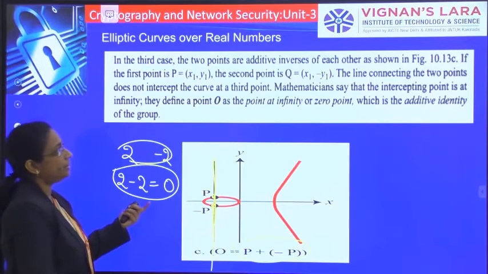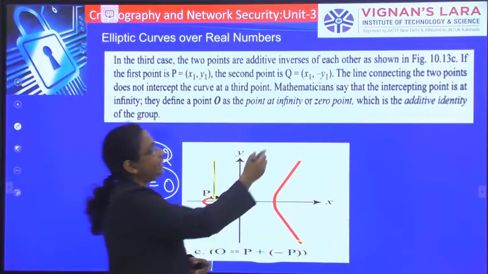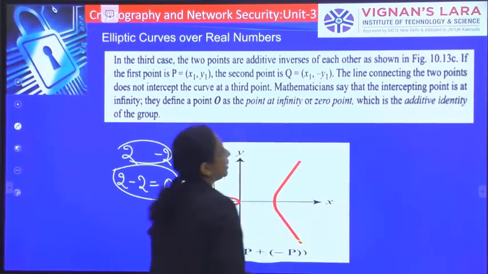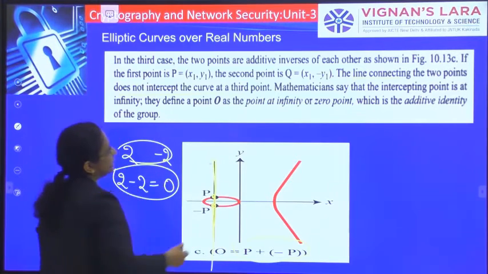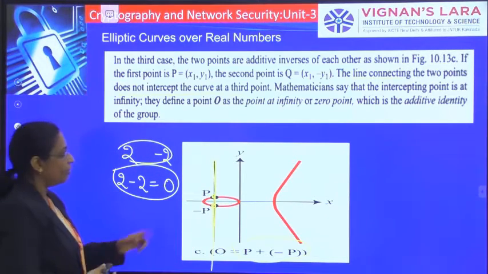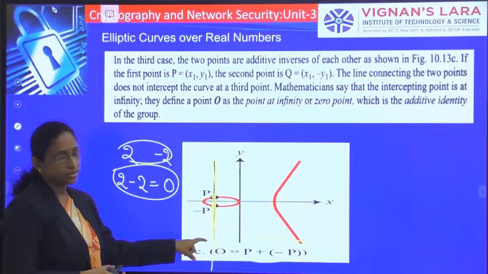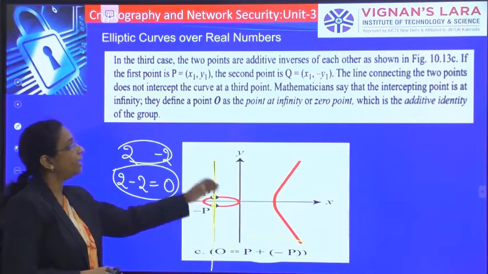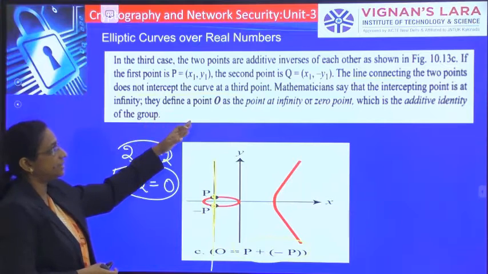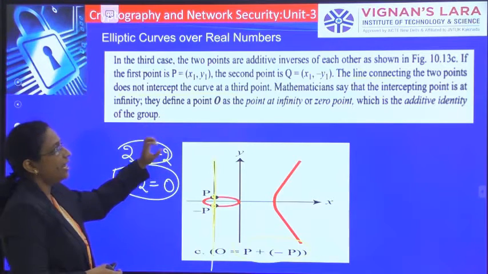So here, what he is saying is that the line connecting the 2 points does not intersect the curve at a 3rd point. Whatever line we draw through these 2 points does not intersect the curve again.